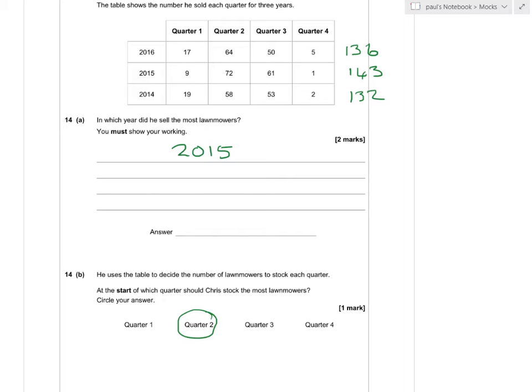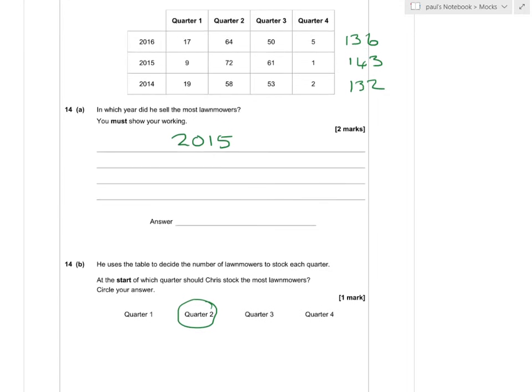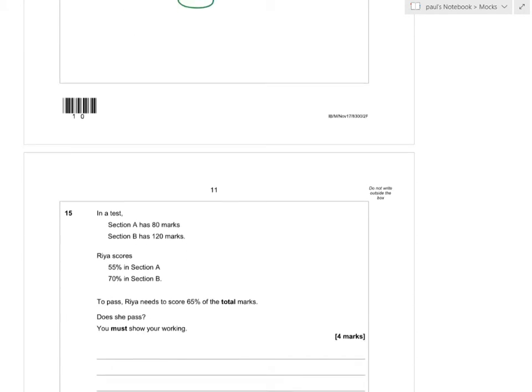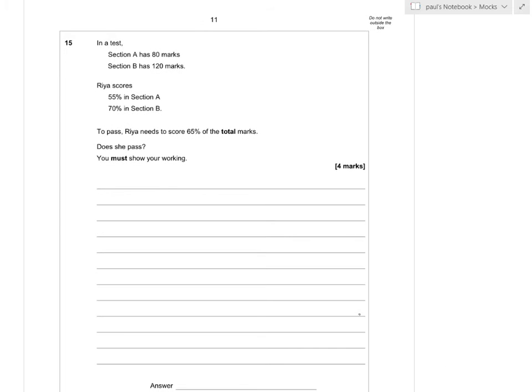Oh, hang on. I've got to make sure I know what's going on. So we're up to number 15 now. In a test, Section A has 80 marks, Section B has 120 marks. Ria scores that. To pass, Ria needs to score 65% of the total marks.